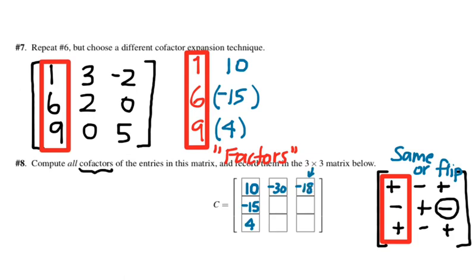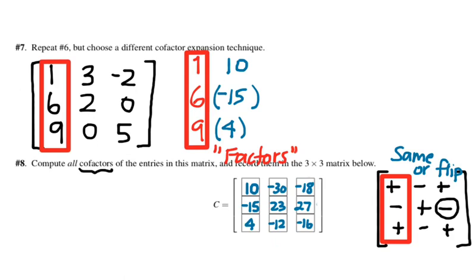Negative 18. Middle entry, second row, second column? 23. And second row, third column? 27. All right, finishing the last row. Negative 12. Negative 16.